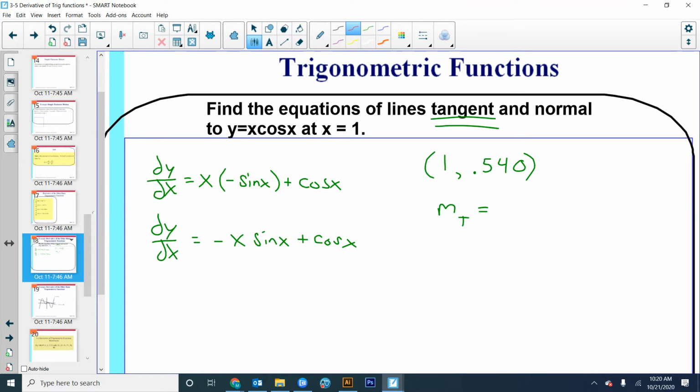Plug 1 into the derivative. So help me out with that. Negative 1 times sine of 1 plus cosine of 1. Make sure you're in radian mode. Everybody practice, everybody type this in, practice doing it.